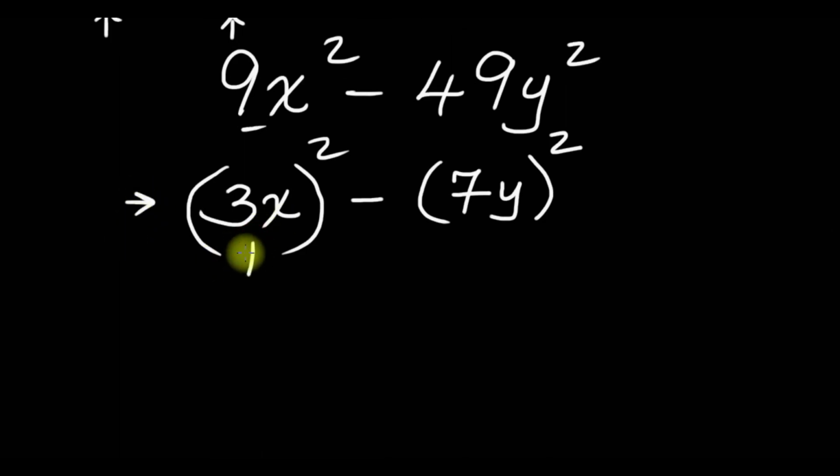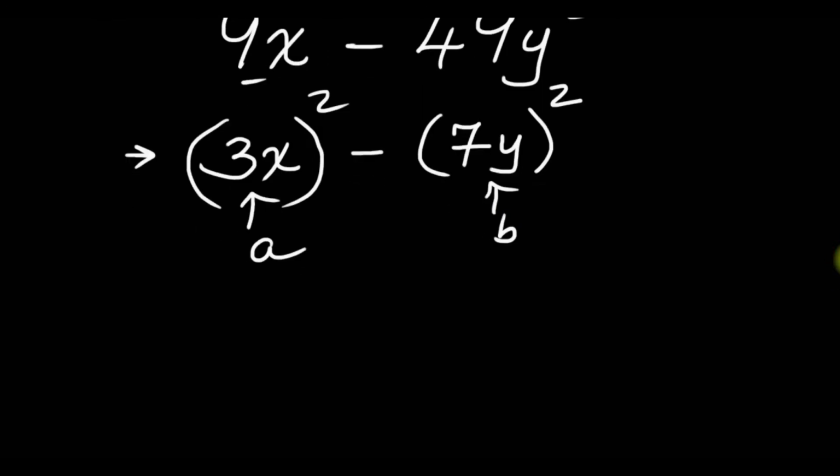Okay, you can see that the 3x is your a, and then the 7y is your b. So you can easily use those and plug it into the factor form of a squared minus b squared. So what is it? Well, it's going to be a plus b.